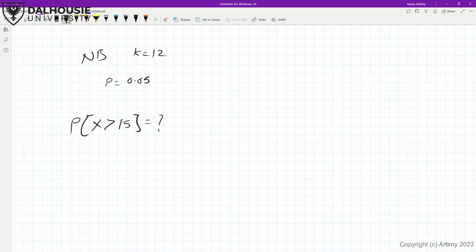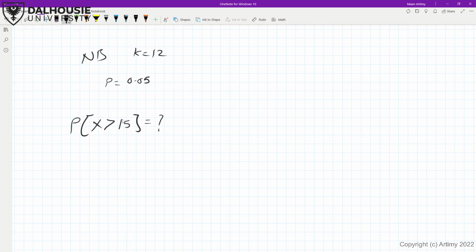Well, if you look at it from a different perspective, you can turn it into a binomial distribution instead of negative binomial. We know the question is, what is the probability of having more than 15 trials to get 12 successes?